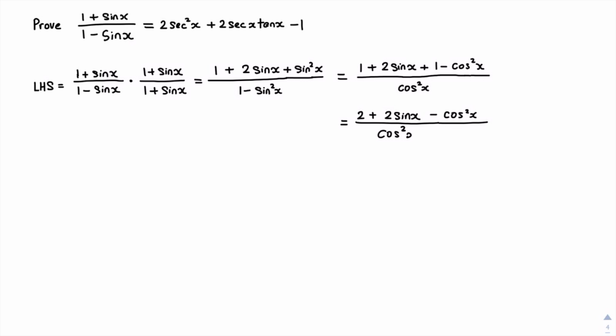Now the right-hand side has 3 terms, and I see that the numerator also has 3 terms, so I break up the fraction into 3 parts: 2 over cos square x plus 2 sine x over cos square x minus 1, and if you look more carefully, this is just equal to the right-hand side.